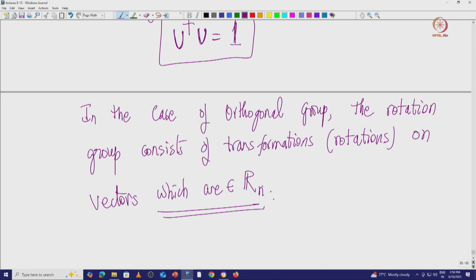So we will come back to this definition because I will mention the word representation. Such a thing where you have a vector space which is real, and the transformation is given in the form of a matrix in that particular vector space, is called a representation.